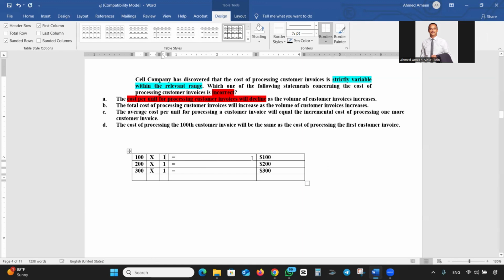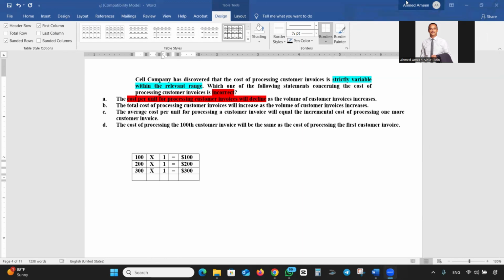Let me prepare a good schedule. Variable costs increase whenever you increase the number of units. Here is the number of units: 100 units, 200 units, 300 units, and here is the cost per unit. I'll show you in another way to be clear.